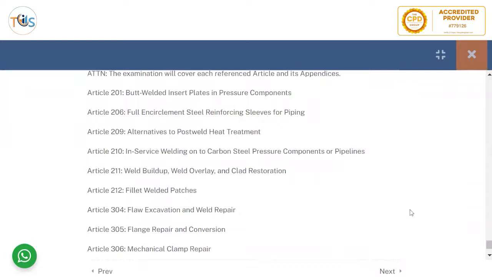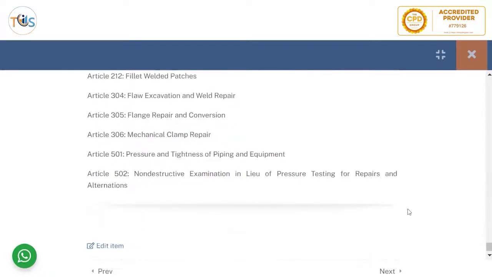There are different methods that you can use in lieu of the post-weld heat treatment if you cannot do that because of some weld overlay that might be damaged, etc. And weld build-up or buttering, weld overlay, clad restoration, fillet weld patches, and clamps, flange repair, and non-destructive examination in lieu, which is mostly in lieu of the pressure testing for repairs and alterations.